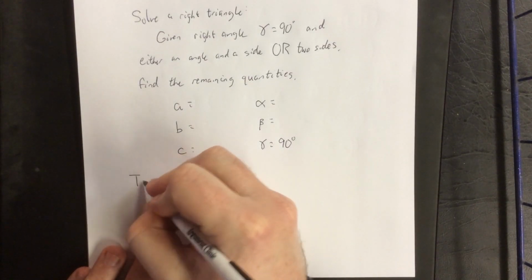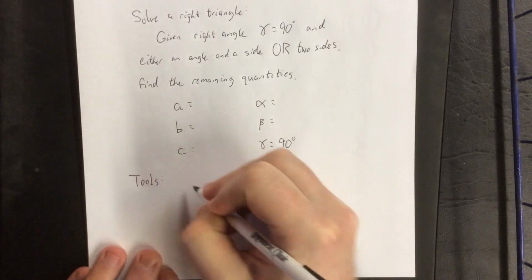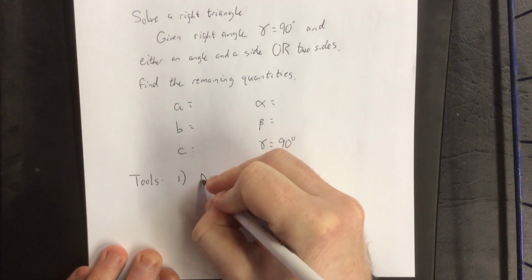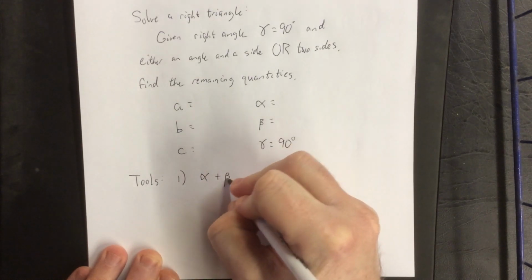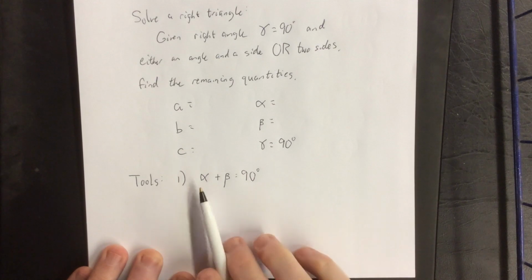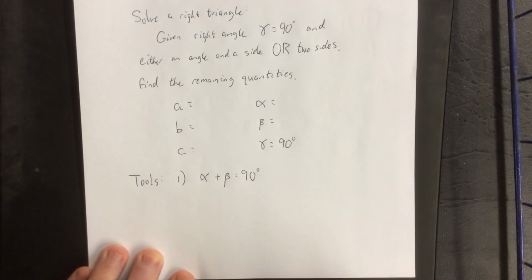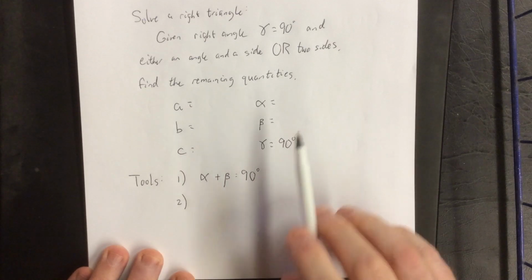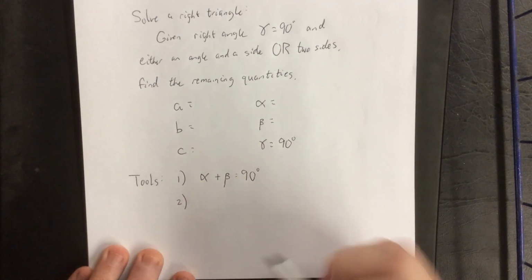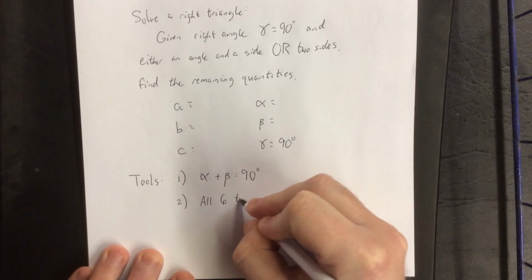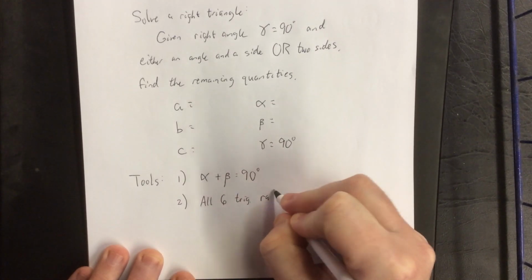Now, the tools that we have access to for solving a right triangle. If you know one of the angles, you can calculate the other angle using the fact that in a right triangle, the two acute angles are complementary. If you're trying to relate the angles with the sides, then you have access to all 6 trigonometric ratios.